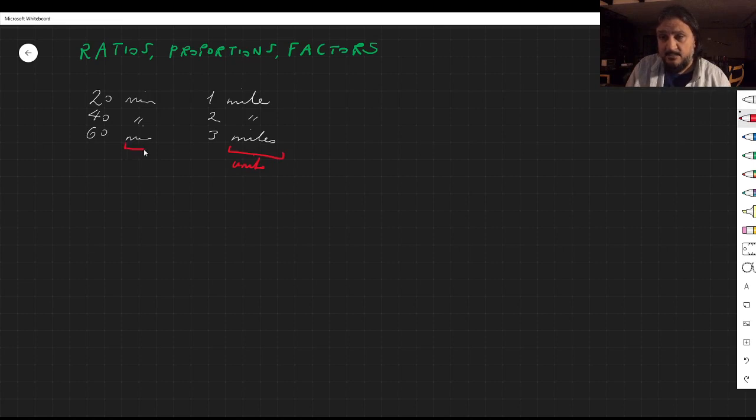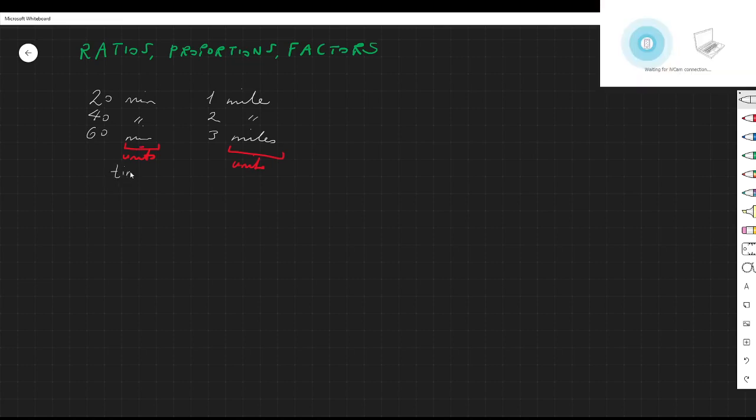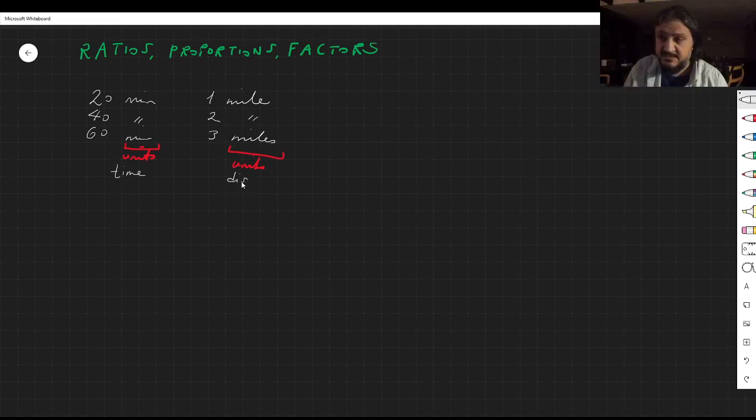Well, we can't do much with these numbers. You have to know what they represent. In this case, we have 2 units already, miles and minutes. Minutes measure time, and miles measure distance.